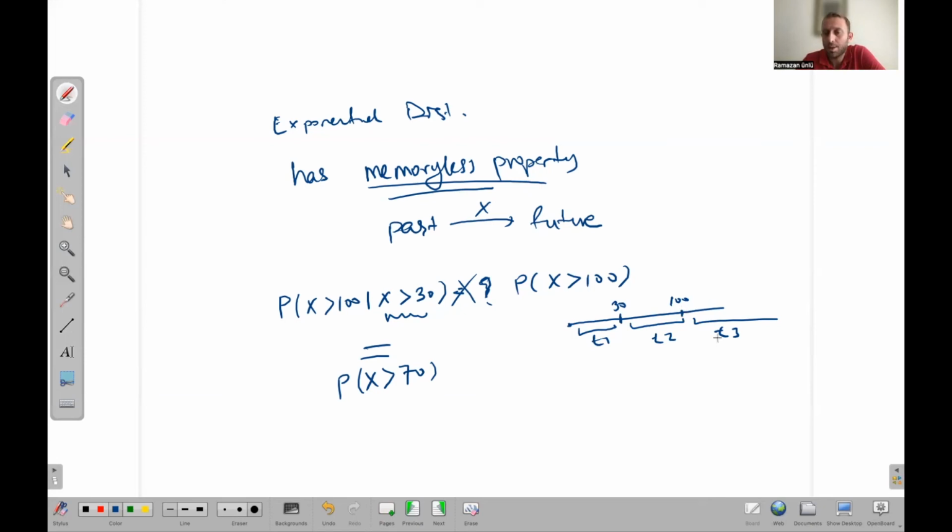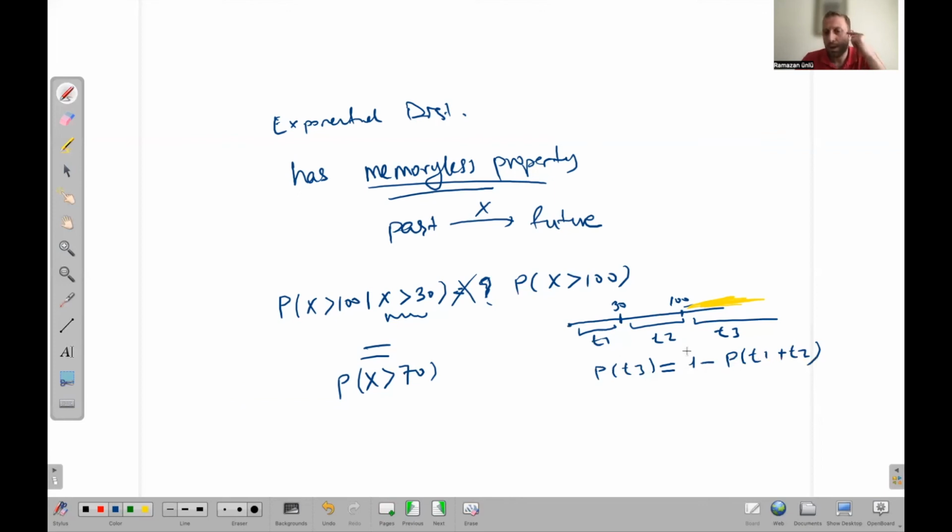So I'm asking the probability of this whole region, right? So the probability of T3, that region, is equal to 1 minus the probability of T1 plus T2, right? Because I know that the probability of all events is 1. We just proved that.